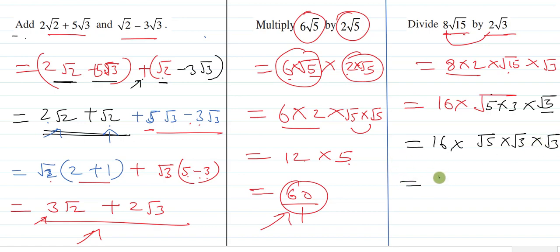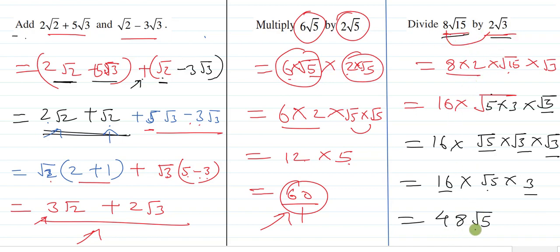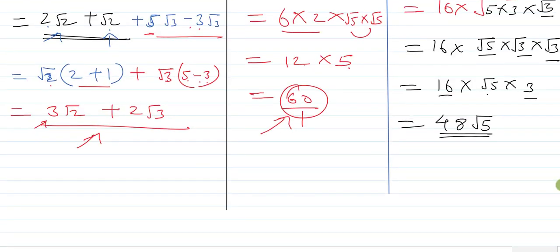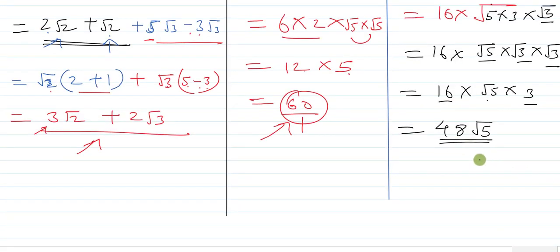So here you can observe 16 into, this one will be root 5, root 3 into root 3 will be 3, again 16 into 3 will be 48 root 5. So in this case, division of these two irrational numbers came as an irrational number. Got this? 48 into root 5 will be an irrational number.